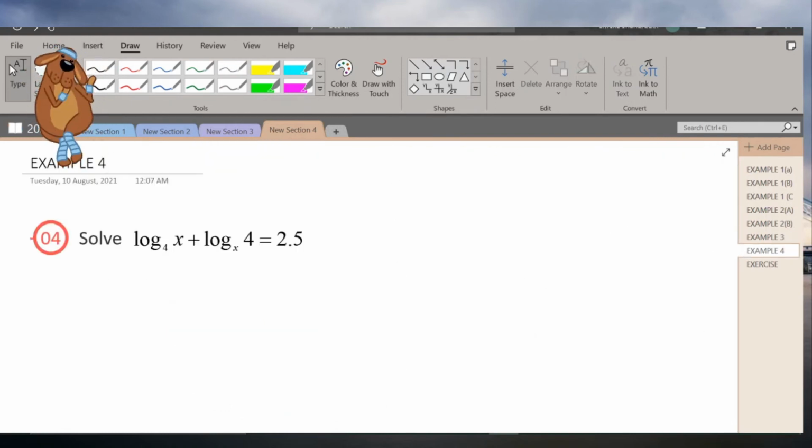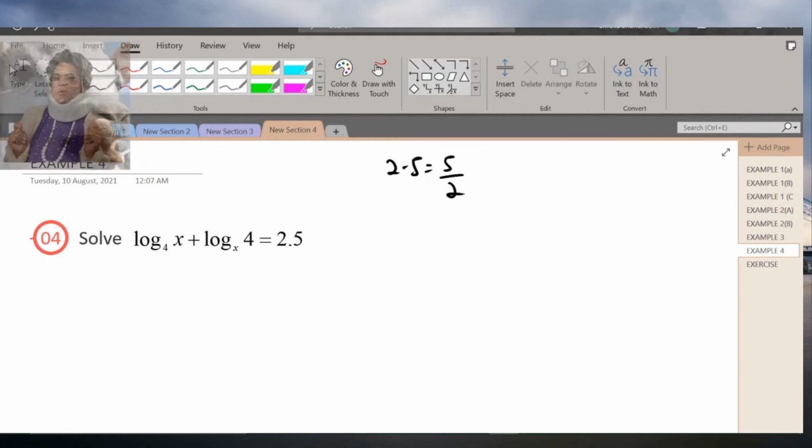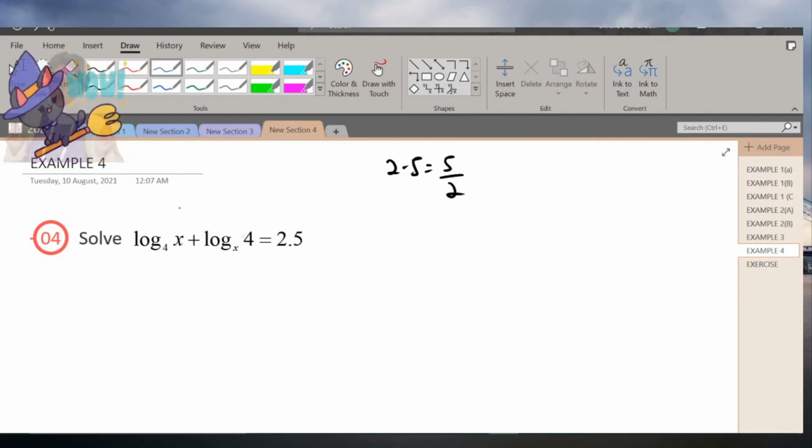Now, for example 4, we have log base 4 of x plus log base x of 4 is equal to 2.5. So 2.5 here is 5 over 2, isn't it? We need to change the base of the log so that we can do some manipulations on this equation, right? So we can change this term into this base.